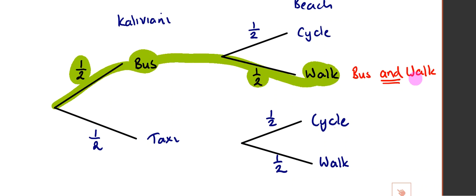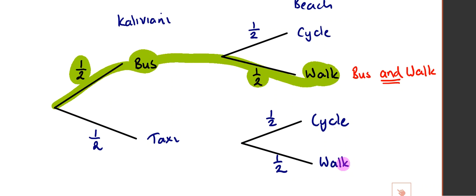The bus and walk. Now the word "and" means something specific in probability. Alright? Rory. I think it would be 2 out of the 3. Isn't it 1 out of the 4 options? No, so you would have to choose bus over taxi.